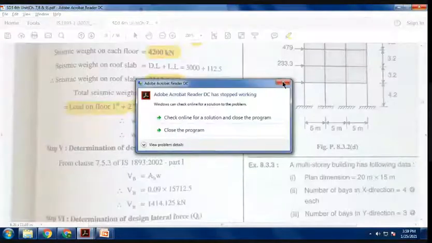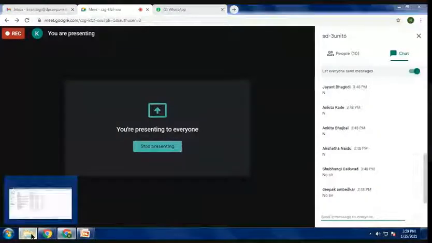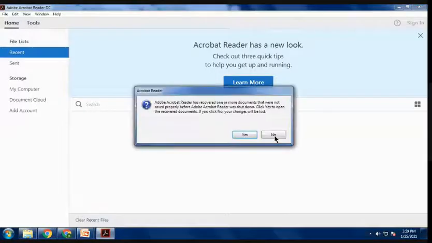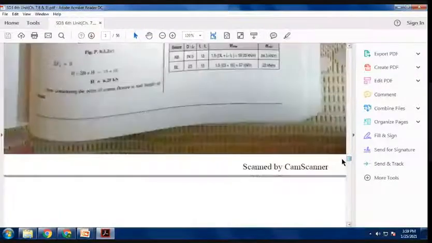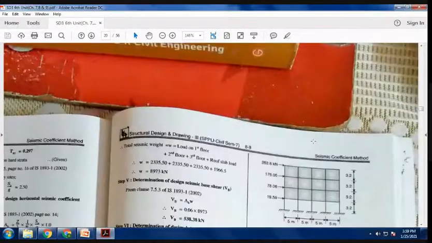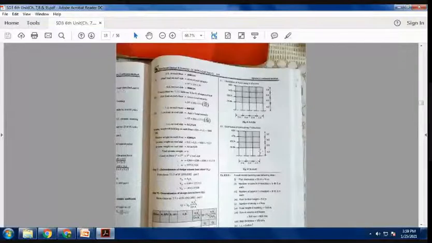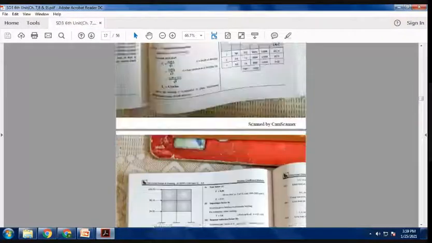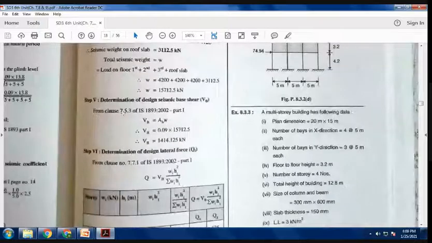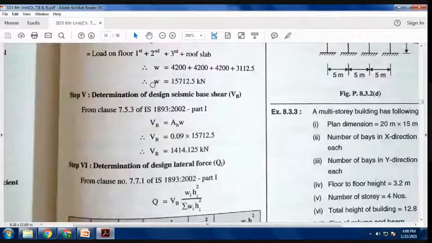So we will get the total load. Now how will we calculate base shear?